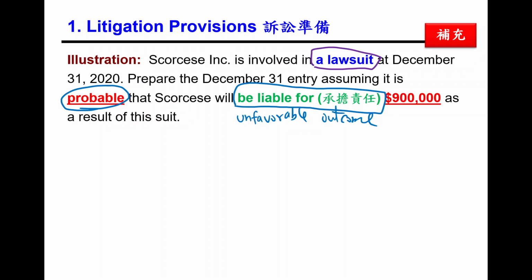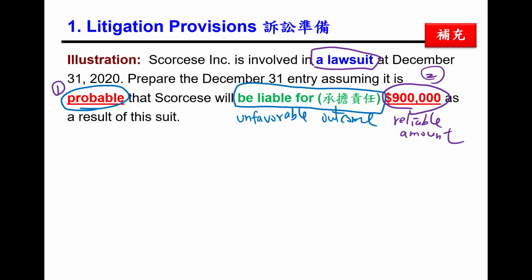So the first condition is probable. For the lawsuit, I'm not sure about the timing or the amount, but at least it's probable. The second is: did you find we have a reliable amount? We assumed $900,000 is my reliable amount. Based on this, we should record the situation and report the information to investors, right?